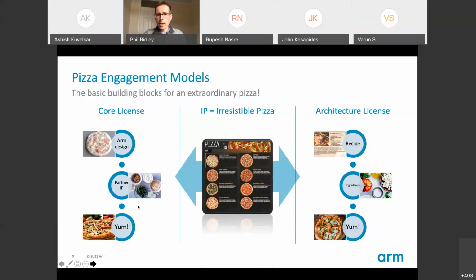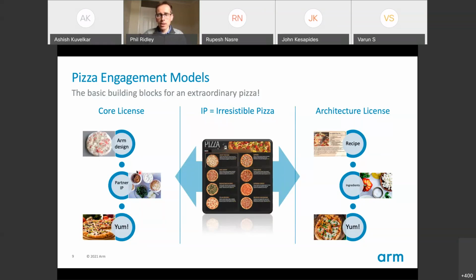We can illustrate that quite nicely with a pizza, I guess. So the core license model is basically you buy a pizza base, and then it's up to the partner to add whatever toppings they like. In terms of HPC toppings, this can be like cache models in terms of how they interact.